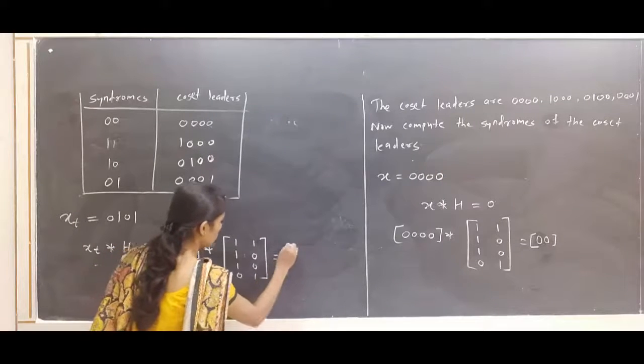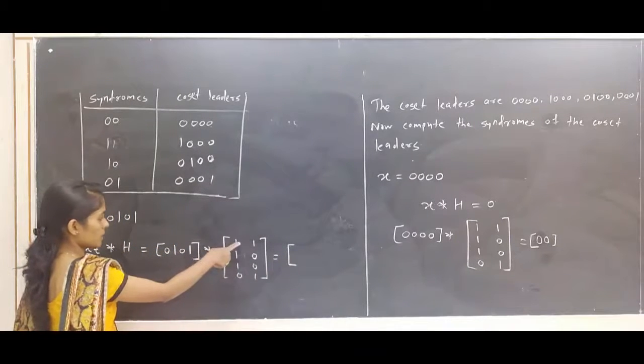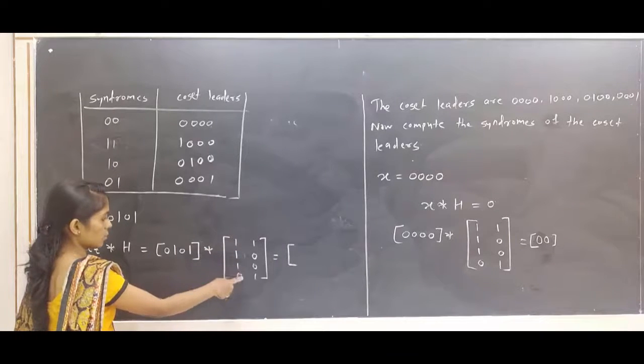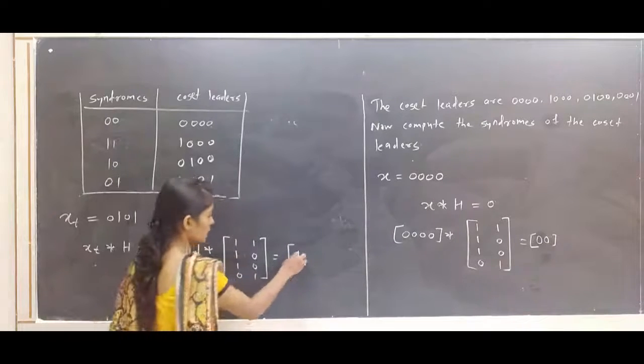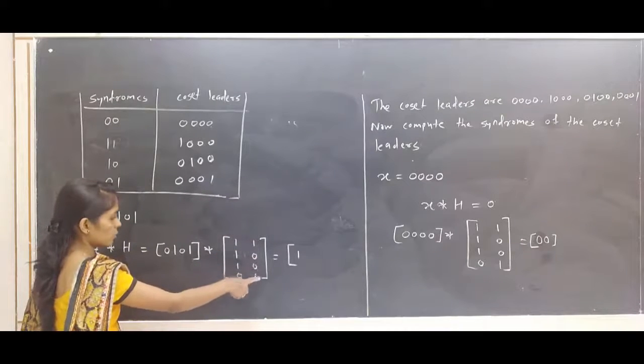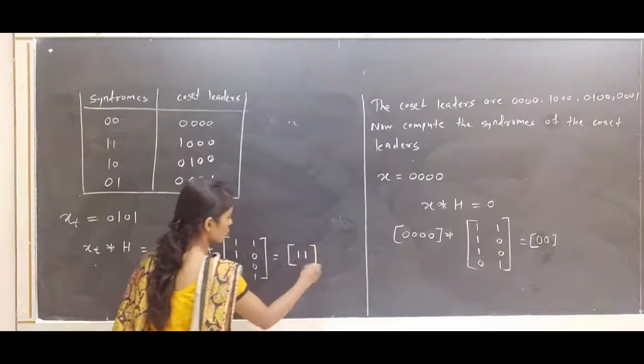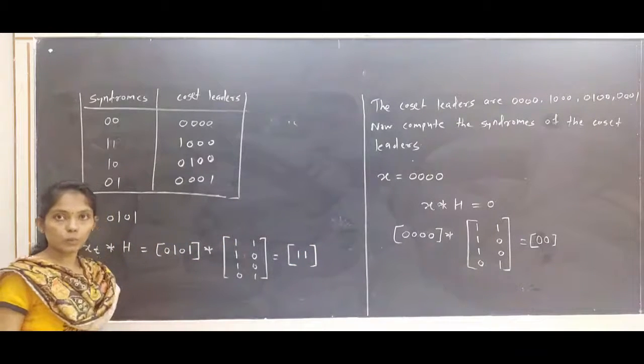Okay, so here we do the calculation. First column: 0 1 0 0, so here we get 1. Now again, 0 0 0 1, we get 1. So here we get 1 1.